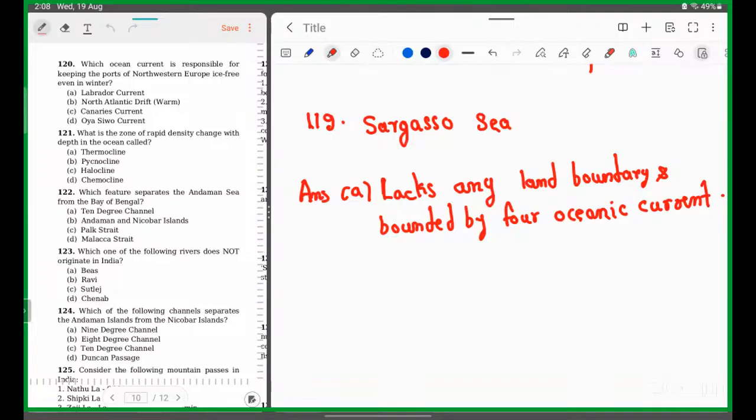The correct answer of this is the North Atlantic Drift, which is warm.